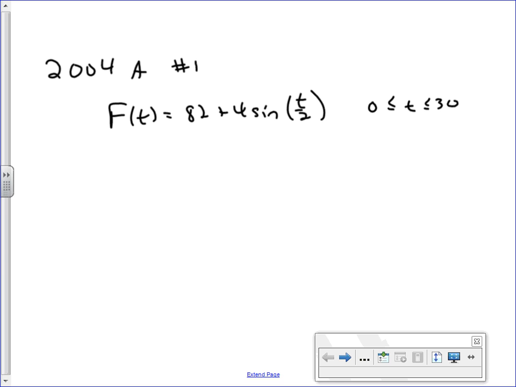I'm going to give you another sample later on, where only the first two are calculator. One of those two problems is guaranteed to have a wonky function, something yucky. Somewhere on here they're going to test your ability to type this into your calculator correctly. It's a trig function, so make sure your calculator's in radians.